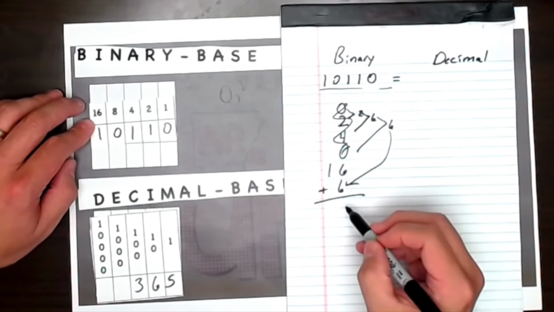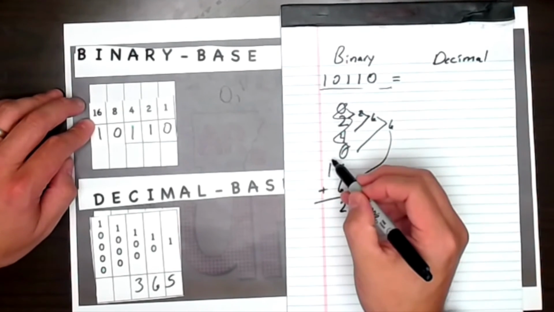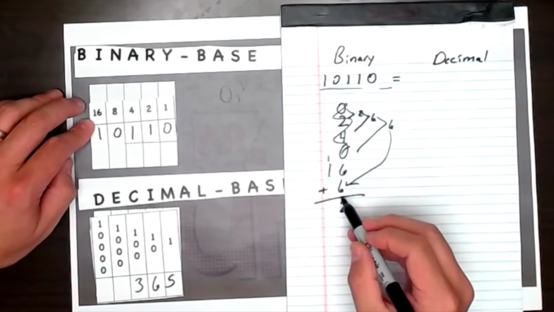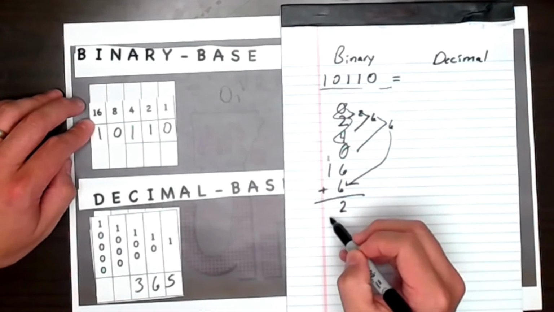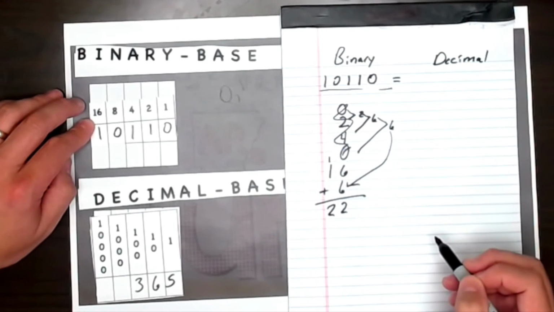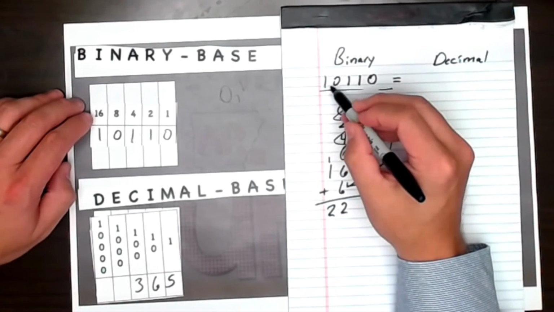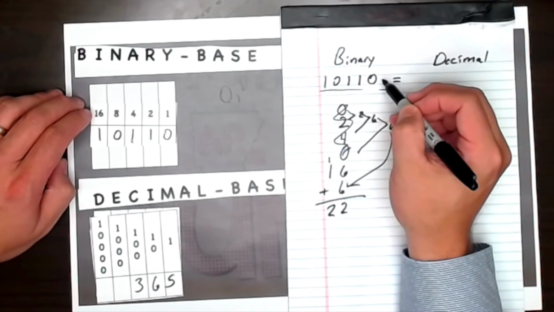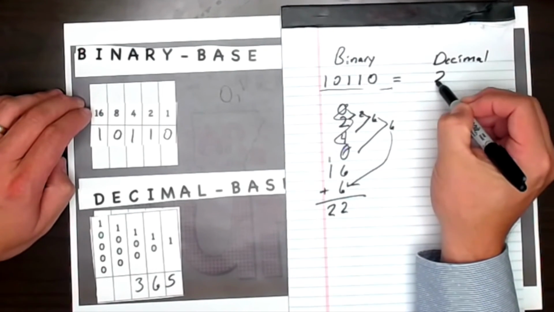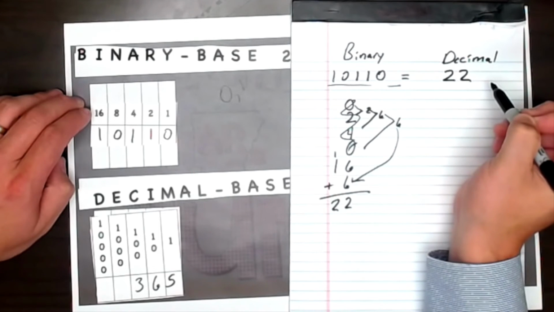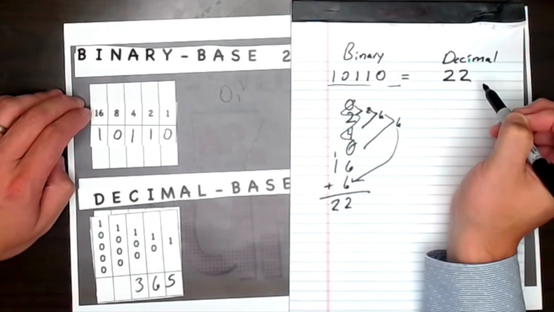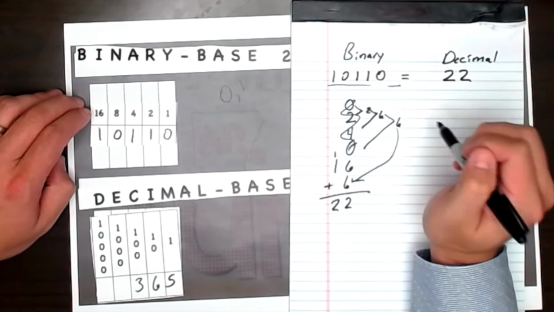That's going to be 12, we carry the 1, right? So that's 22. So this binary number, 10110, in decimal equals 22. Kind of weird, but if you don't get it right now, once again, don't worry.